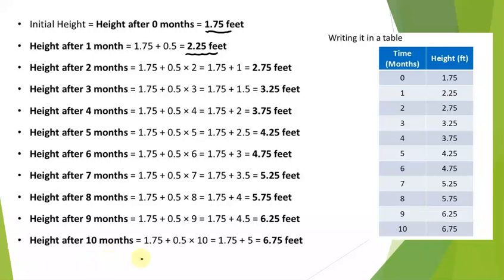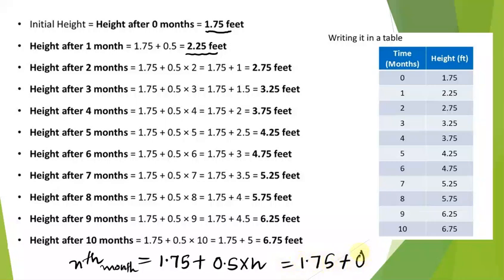Now the third question is that you have to represent the linear expression. This we have learned in the last exercise. If it was the nth month, how will we represent it? We will represent 1.75 plus 0.5 into n, that is 1.75 plus 0.5n.